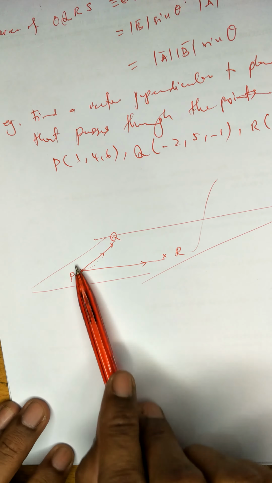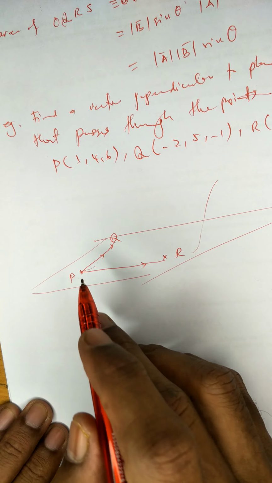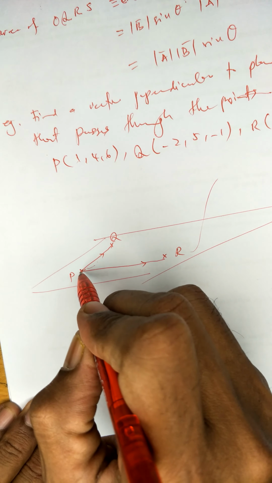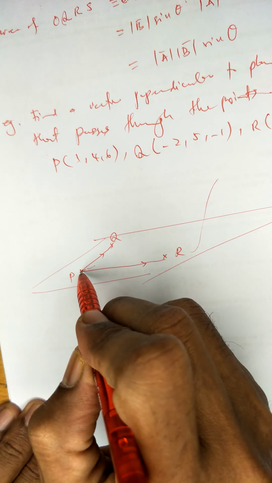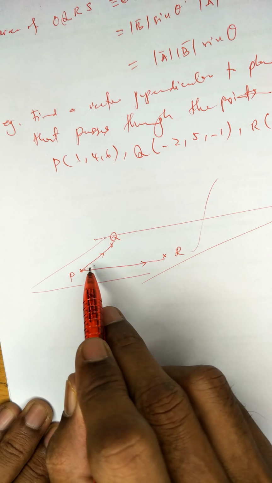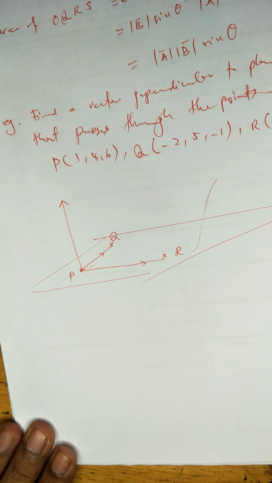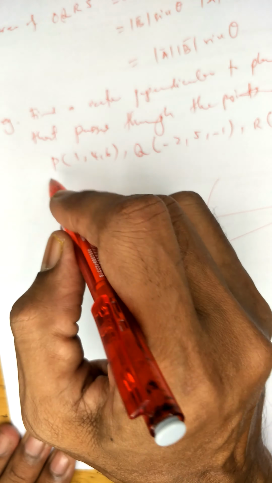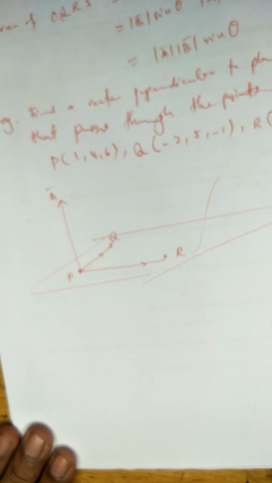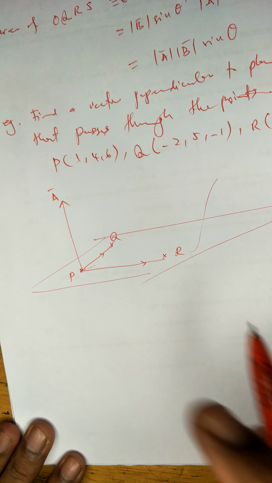So let's try this. Let's use P as a reference point, then PQ, PR. So we have a vector. Let's call this vector A, for example. We name it A. You can name it any name you want.